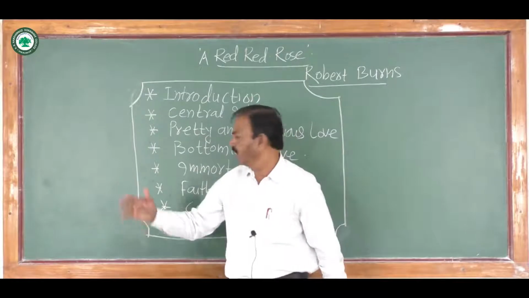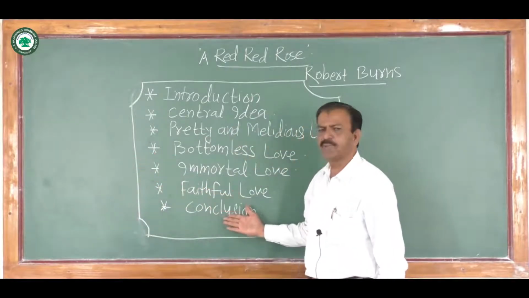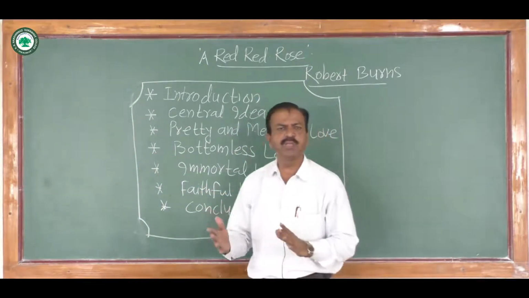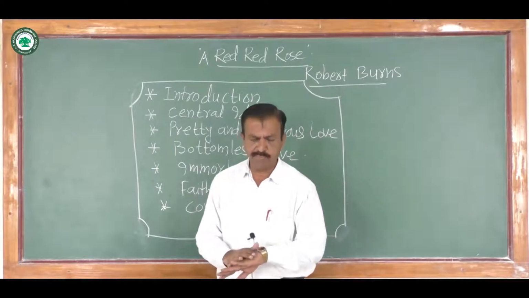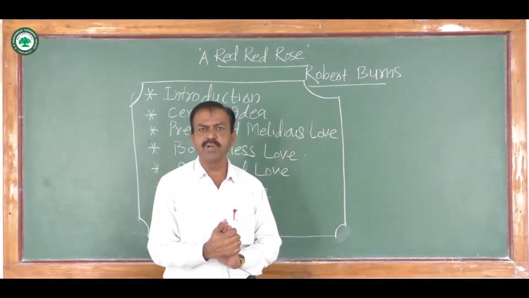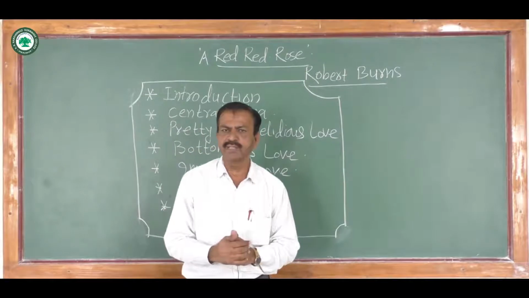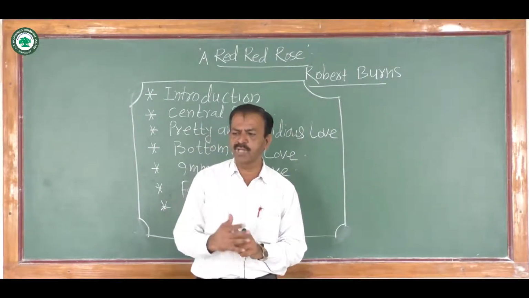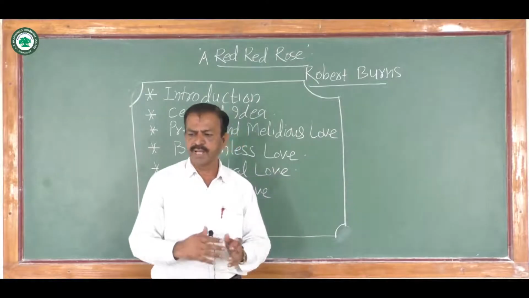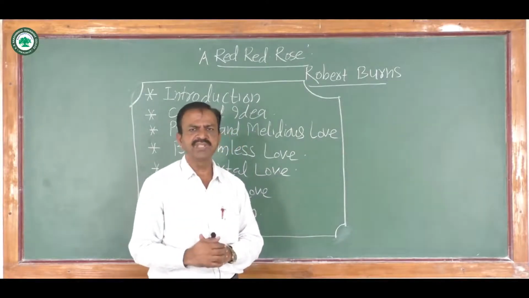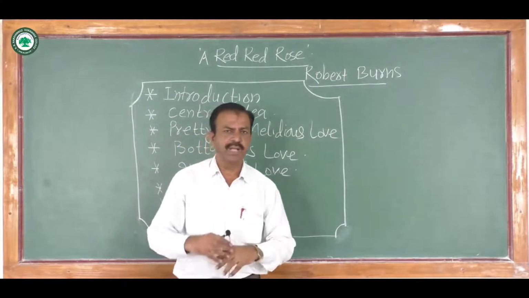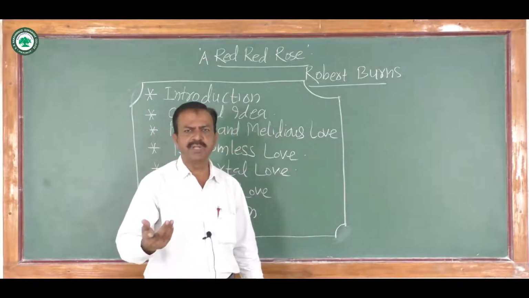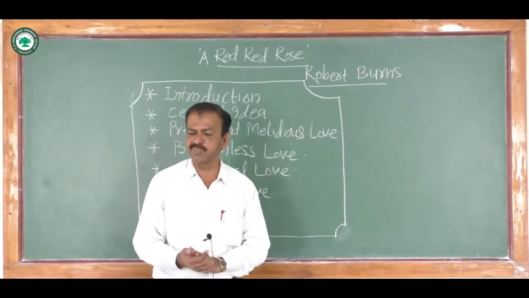Okay, now the last part, that is the conclusion. In the conclusion, we are going to know about the themes and the different figures of speech used in the poem. So immortal love and separation is the theme of this poem, and the quality of love is described in this poem.